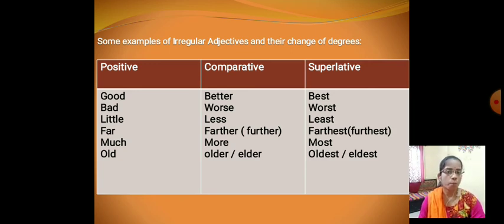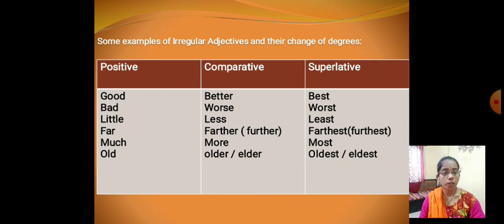Much, more, most. Old, older, elder, oldest, eldest. It means these are the irregular adjectives. You have to remember all the adjectives, how they are changed into the comparative and superlative degree. This is the most important topic from our English grammar book.